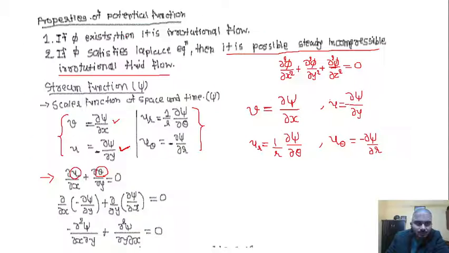So the properties of the potential function are: if phi exists, then it is a possible case of irrotational flow, because if phi exists, then it is a continuous function and the rotational components will be 0, and it is known as irrotational flow. If phi satisfies the Laplace equation, then it is a possible case of steady incompressible irrotational flow.